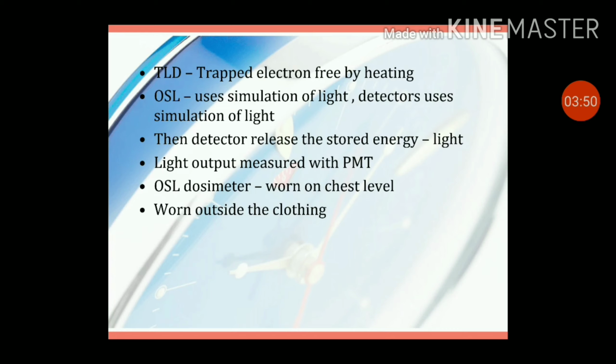OSL dosimeters are worn at chest level, outside the clothing. So the major difference compared with TLD is that luminescence is produced by a light beam rather than heat.